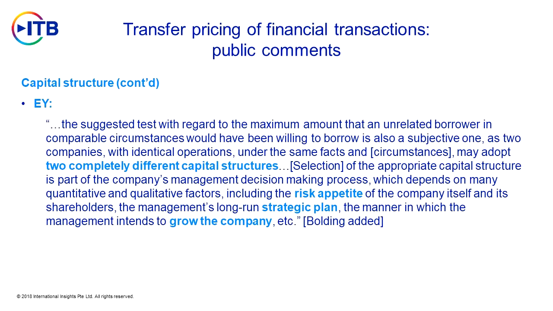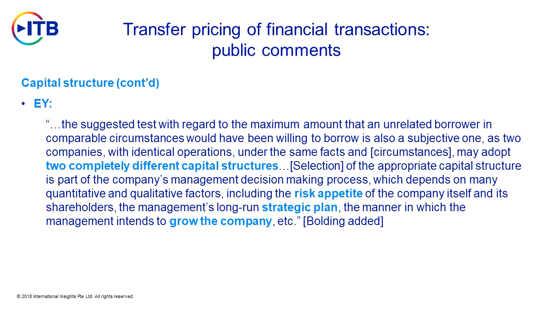And EY said, the suggested test with regard to the maximum amount that an unrelated borrower in comparable circumstances would have been willing to borrow is also a subjective one, as two companies with identical operations under the same facts and circumstances may adopt two completely different capital structures.